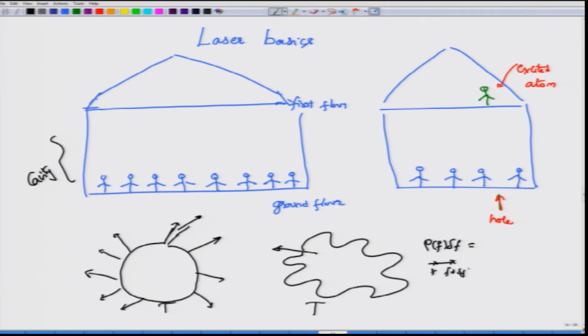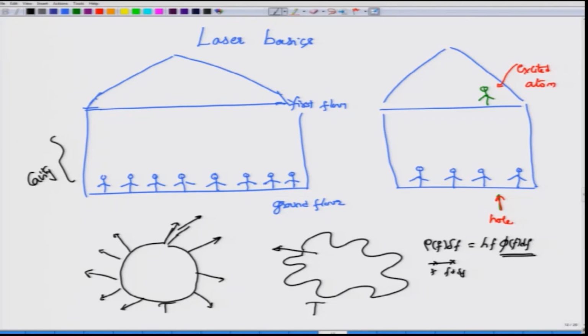The energy that is emitted in that region is given by hf, which is the energy of the photons that are emitted from this region, times the photon density, that is the number of photons between the frequencies f and f plus delta f, which we will call phi f df.